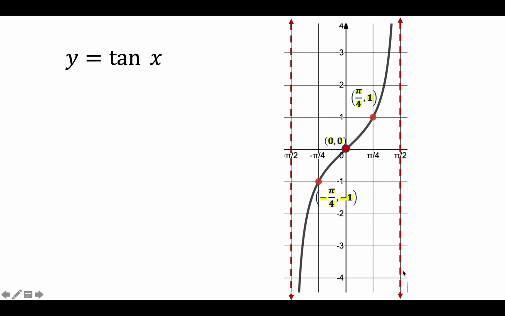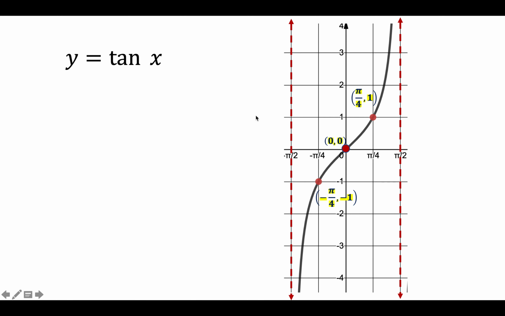Aside from that, we also have three critical points: at pi over 4, 1; at 0, 0; and at negative pi over 4, negative 1. So you have to remember this parent function graph.